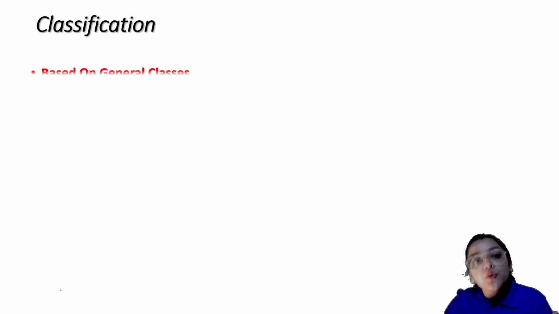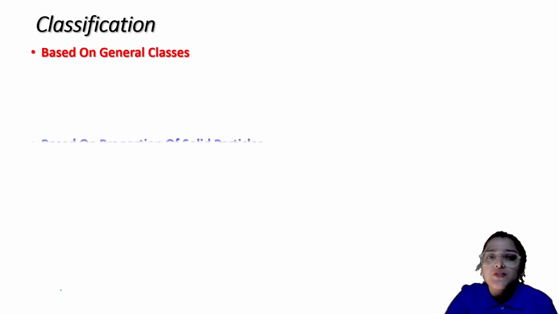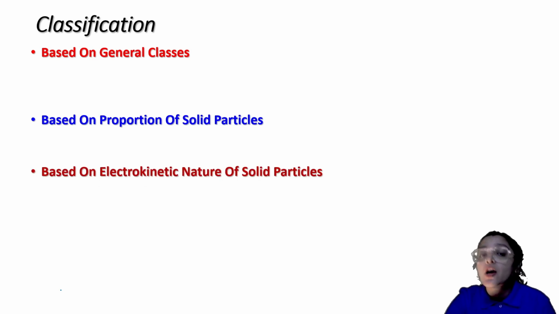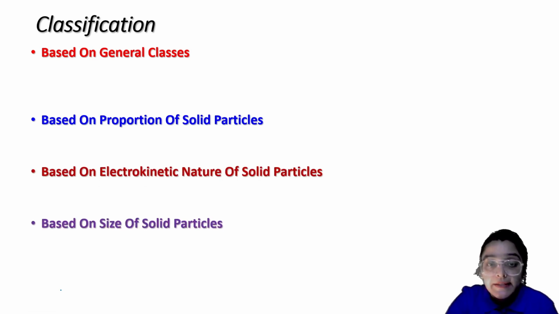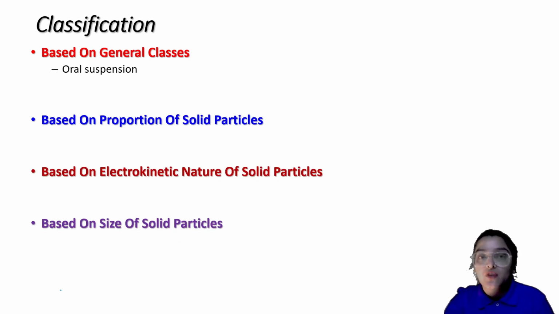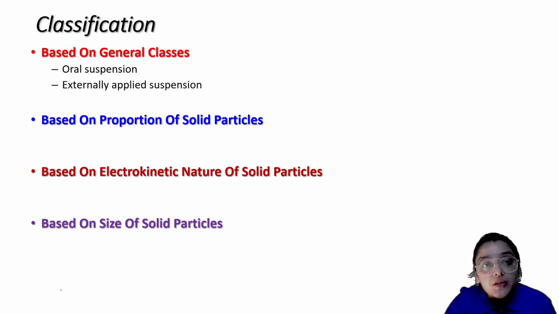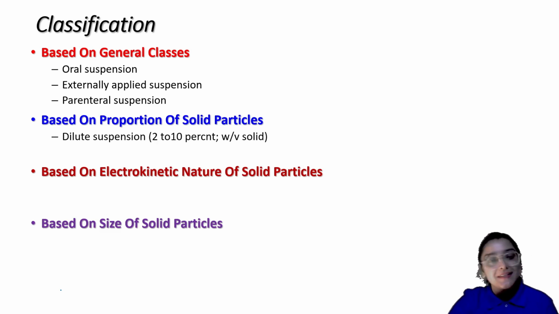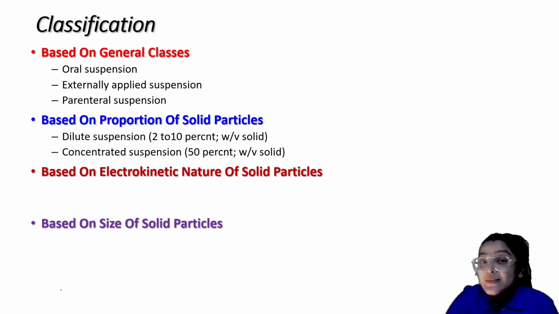You should know them on the basis of general class, proportion of solid particles, electrokinetic nature, or size of the solid particles. Based on the general classes, they are classified as oral, parenteral, or externally applied suspensions. Based on the proportions, they can be considered dilute or concentrated suspensions, as the name suggests.